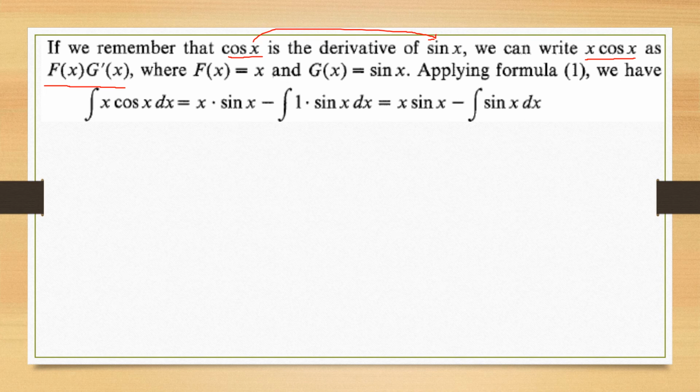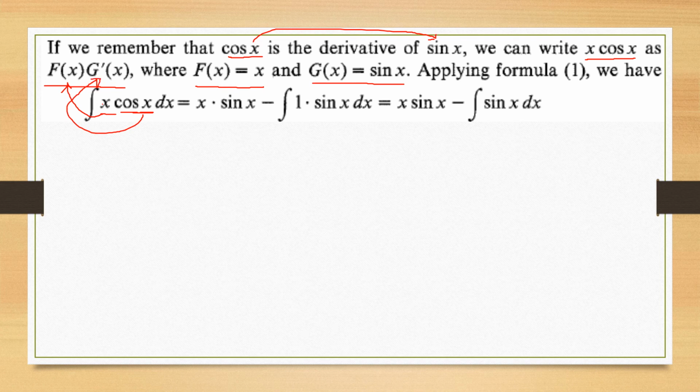We can say f(x) is equal to x, while g(x) is equal to sin x. If g(x) is equal to sin x, then what is g'(x)? The second part is g'(x), this is f(x) and this is g'(x), the derivative of g(x).